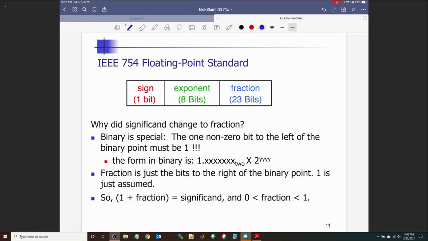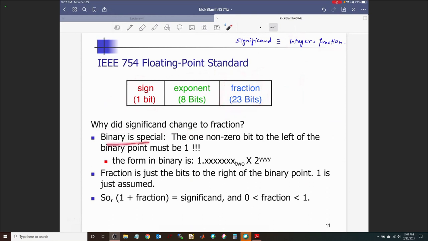Significand is essentially the integer part, then the decimal point or binary point, depending on what you have, followed by the fraction. Now, if this guy is always going to be 1 for the binary case, I can just use fraction. Why? I don't even need a significand field in which I have an integer. I can just talk about the fraction. So I have the fraction field listed, right?